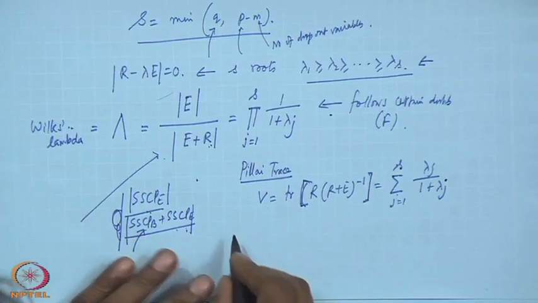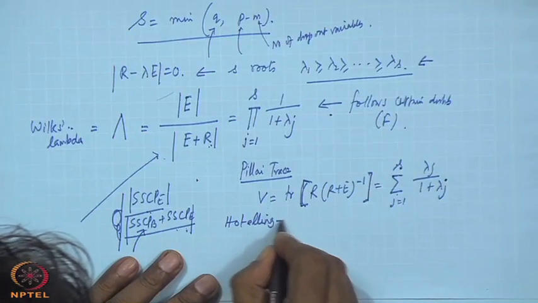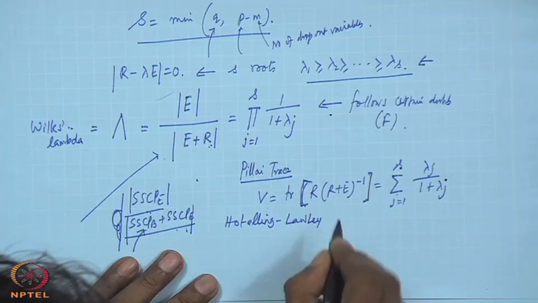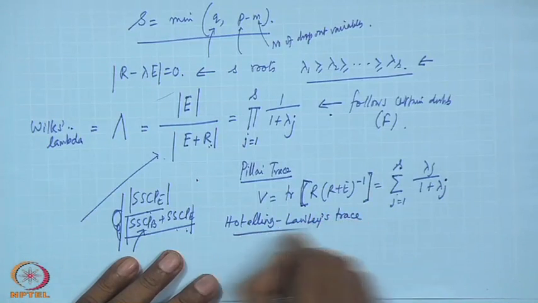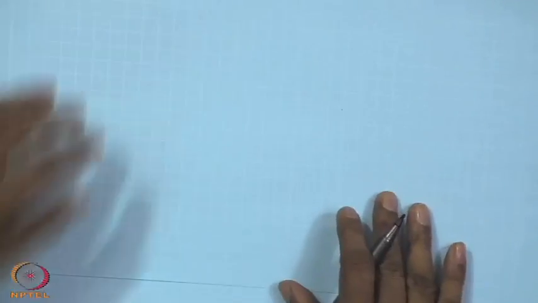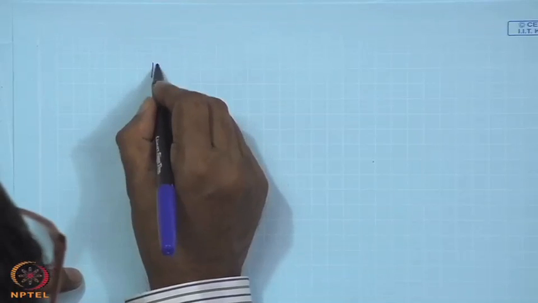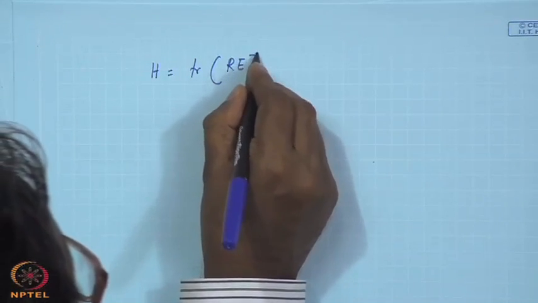You will also get another statistic here, which is Hotelling-Lawley trace, another one. What is the Hotelling-Lawley trace? It is H, which is the trace of R E inverse.